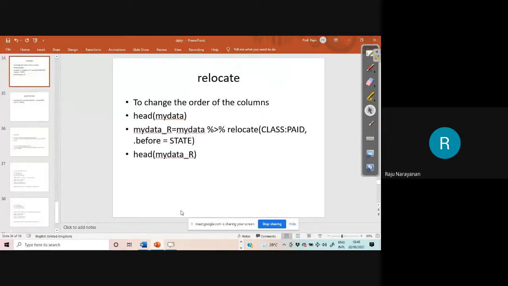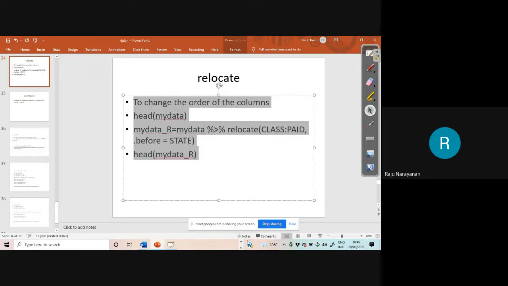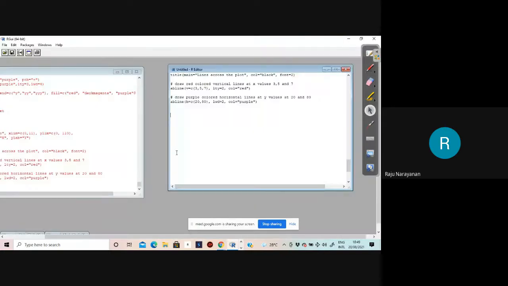And relocate. What is the purpose of relocate? Suppose you are giving X, Y, Z, etc. Suppose you want to make it Z, Y, X, etc. Therefore, this one is for that. Actually, that was done using another data.